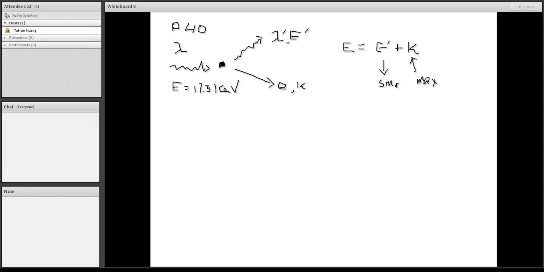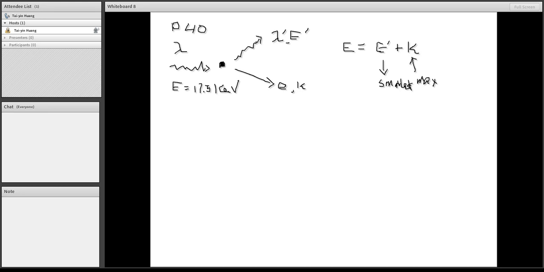How do we ensure that? If you recall, energy and wavelength are inversely proportional. So if E prime has to be smallest, the wavelength change has to be largest. In other words, your delta lambda, the Compton shift, has to be largest in order for the outgoing photon to have the smallest energy possible.